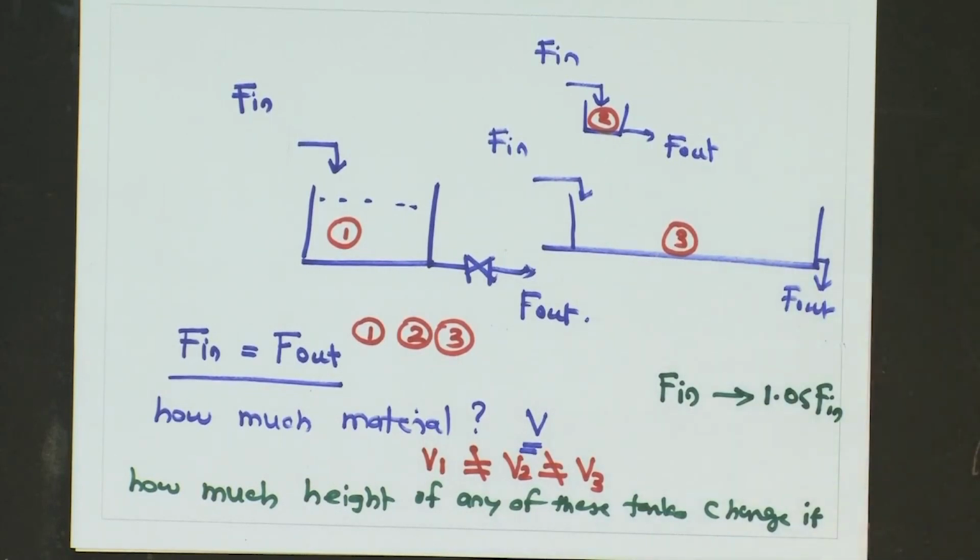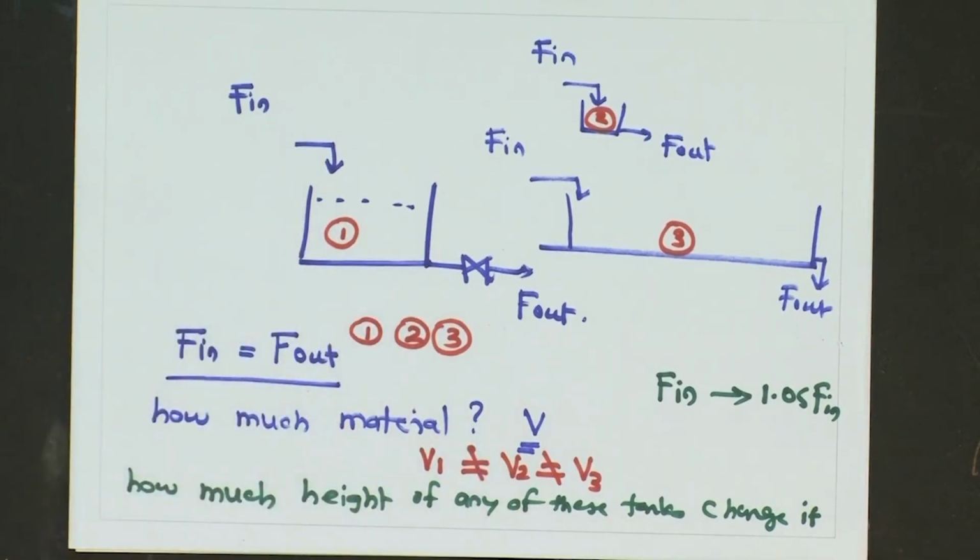This is the disturbance which we had given even in the last lecture. If the inlet flow rate increases by 5%, the height would change.